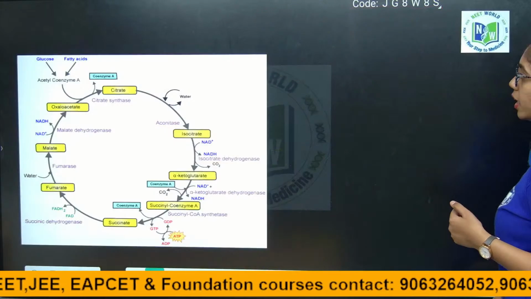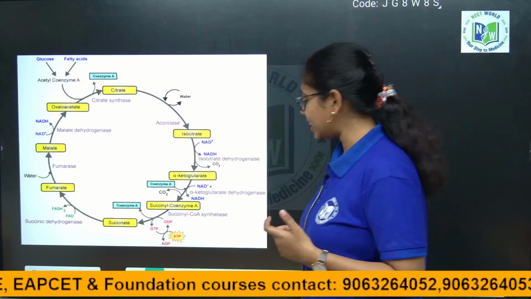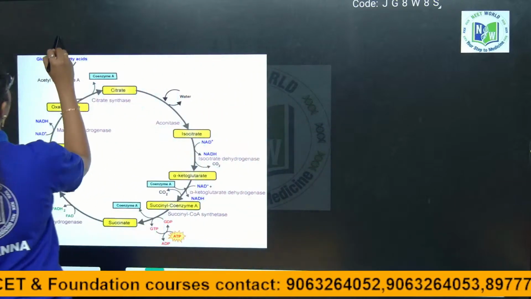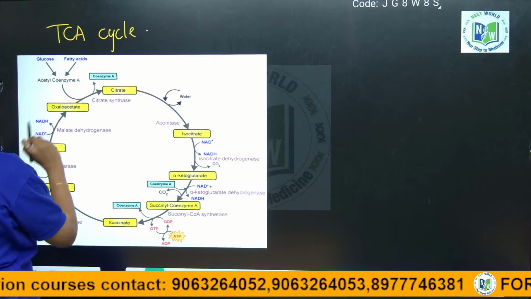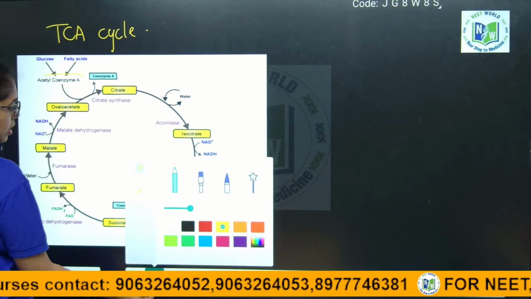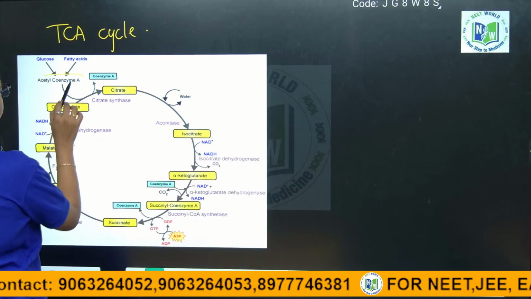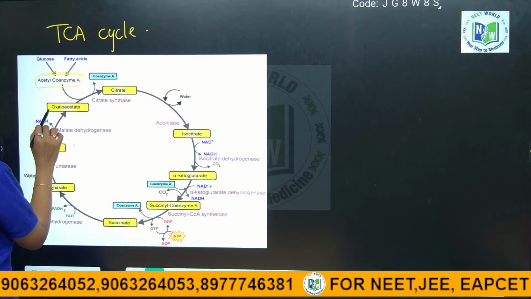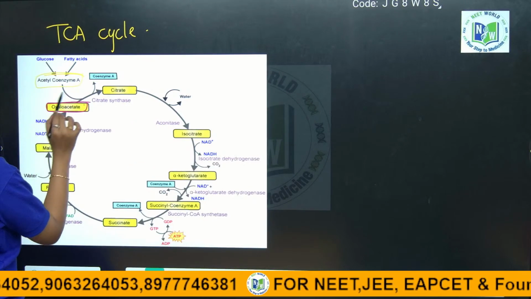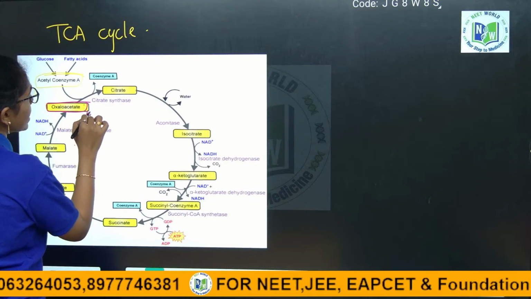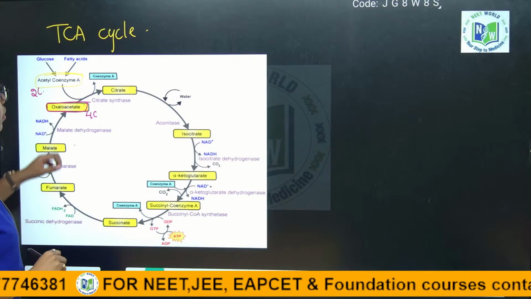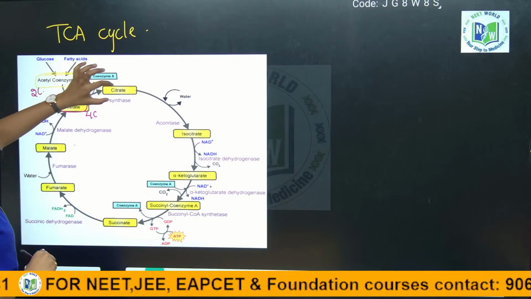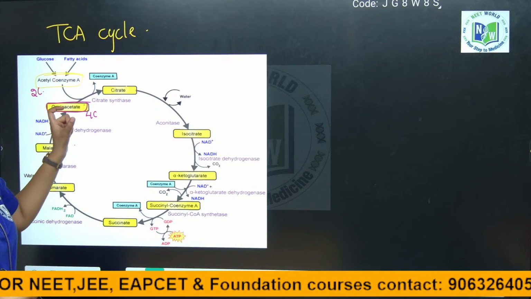If we clearly look into the steps of the TCA cycle, here acetyl-CoA along with oxaloacetic acid. Oxaloacetic acid is a 4-carbon compound, acetyl-CoA is a 2-carbon compound. They get condensed to form the first molecule, citrate.